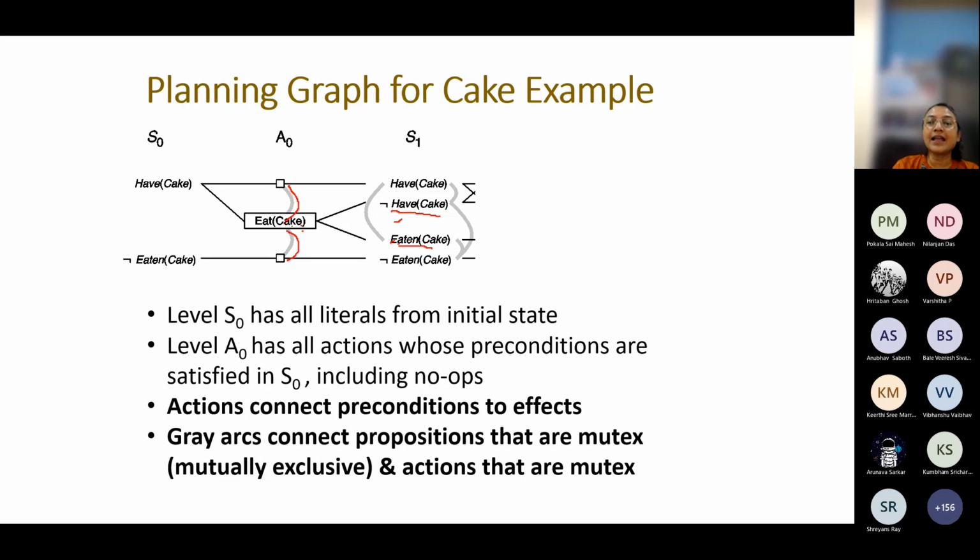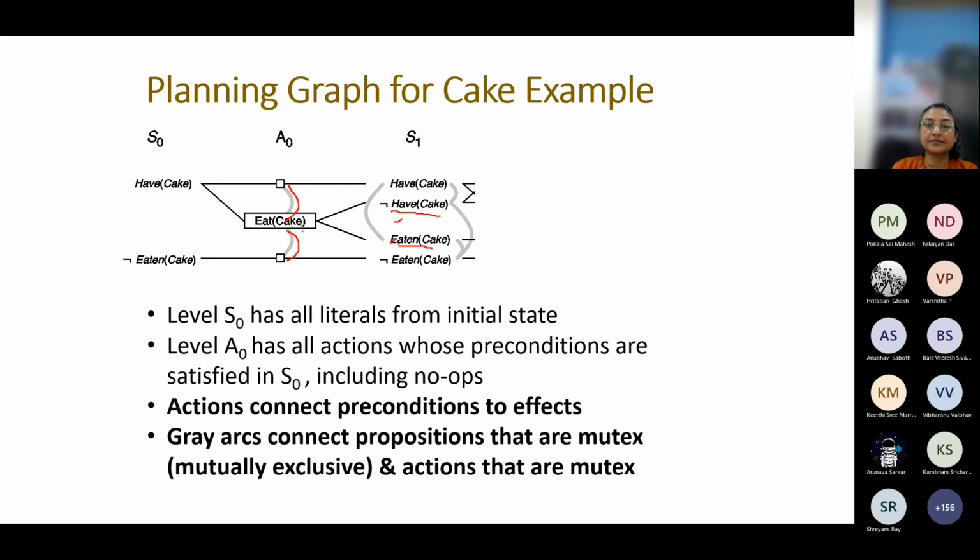So have cake and eaten cake, why are they mutex? Because have cake is achieved through this no-op, the maintenance of have cake, which is negated by eat cake. So have cake and eaten cake are mutex. Similarly, we can also see that not have cake and not eaten cake are mutex because the ways of achieving them are mutex.